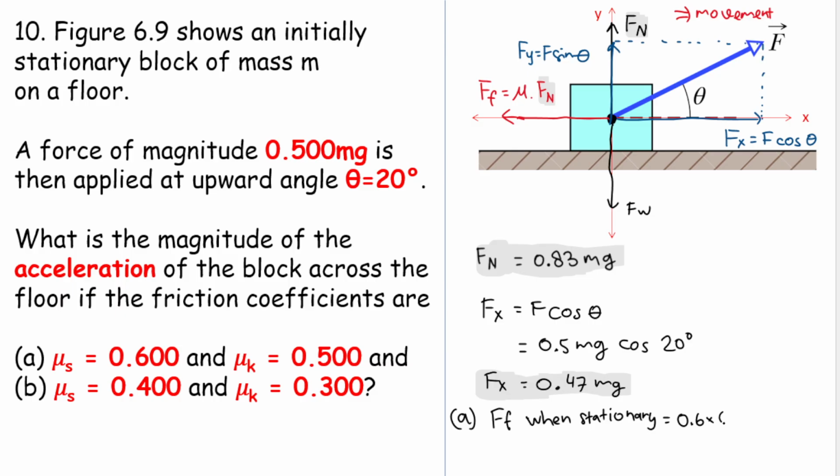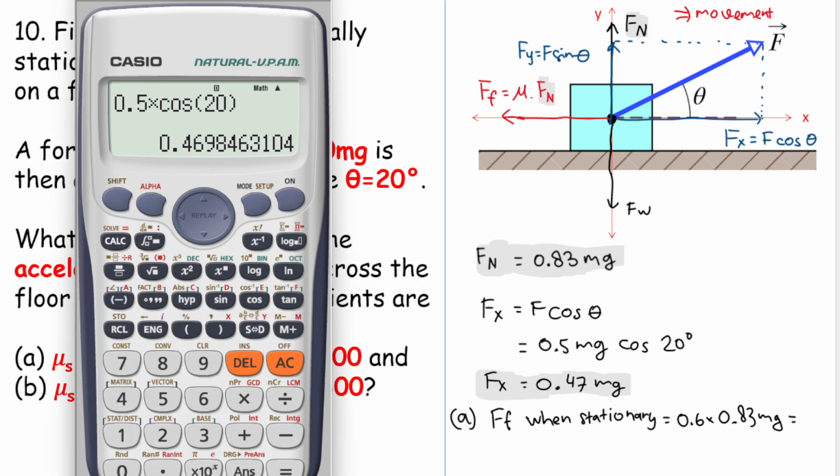So I have 0.6 multiplied by 0.83 mg, and that will be 0.5 mg.